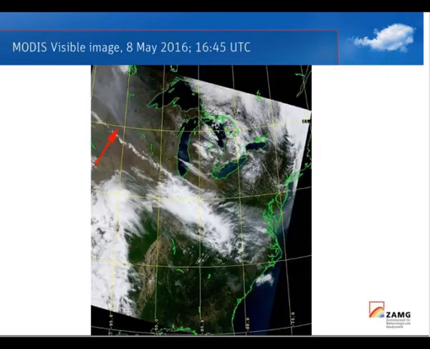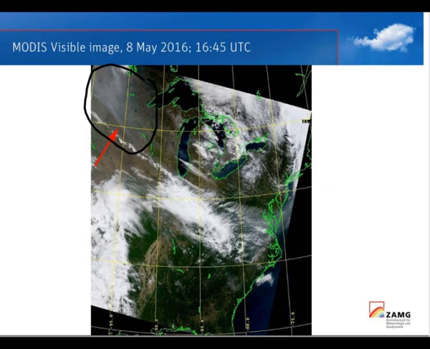So this is a MODIS visible image. I took it from the EUMeTrain page. There is a short abstract on these fires done by Jose Prieto. And you can see here this red arrow showing the smoke from the fires propagating over the northern part of Canada.